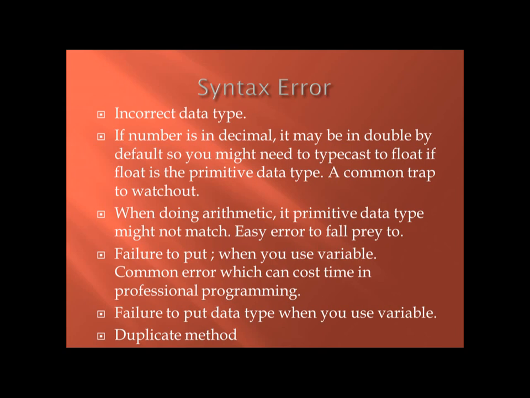Now this is important. If the number is a decimal, it's going to be double by default. And if you want a float 32, you need to typecast that to float. You must typecast it if float is your primitive data type. That one is a common trap.